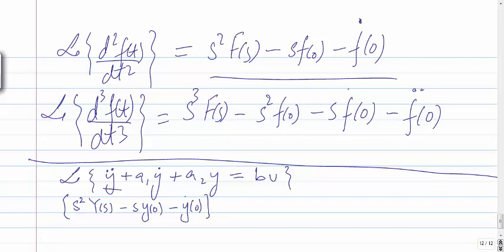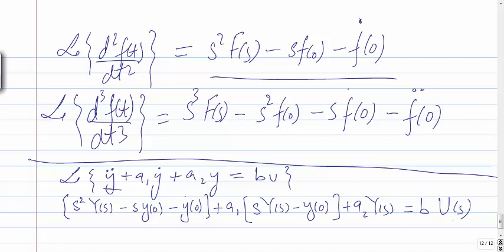Similarly, plus a1, and take the Laplace of y dot, it becomes s Y of s minus y of 0. Similarly, plus a2 Y of s is equal to b U of s.